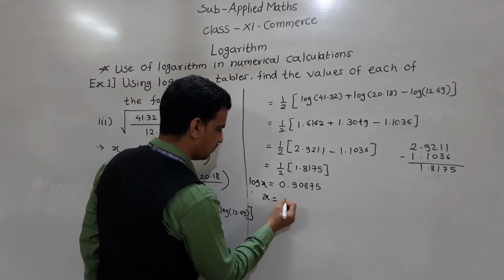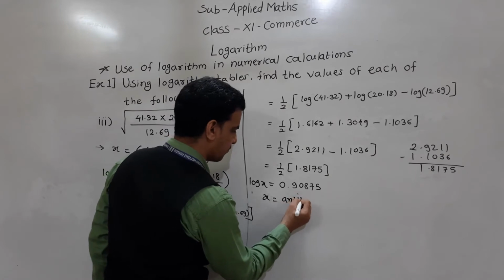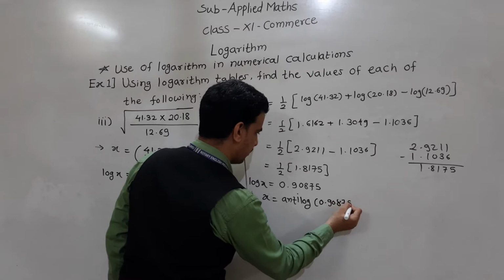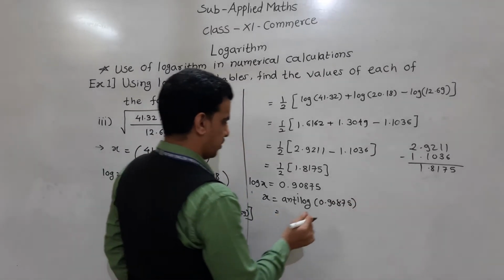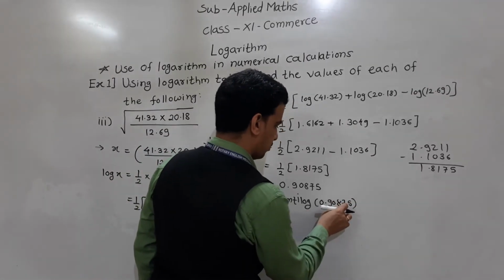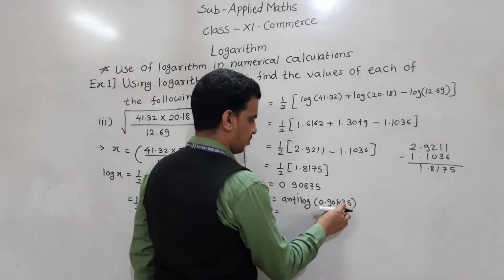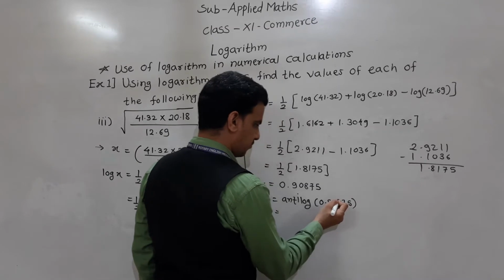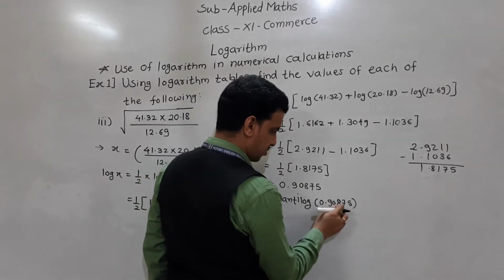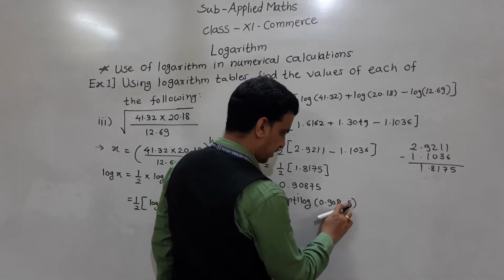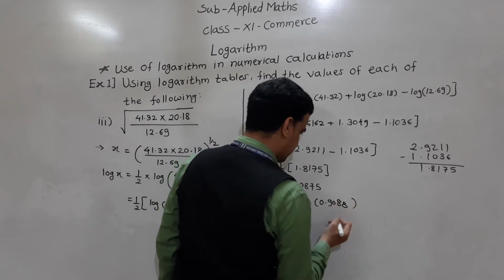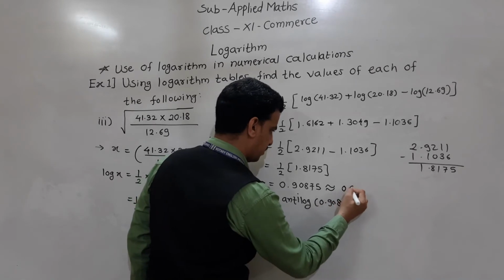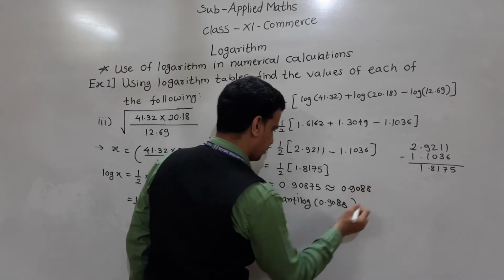X is equal to anti-log of 0.90875. Okay. So first four non-zero digits we have to take. Okay, or we can here round off this number. So 9087, we can write 9088. Okay, and then we have to find antilog of this number.